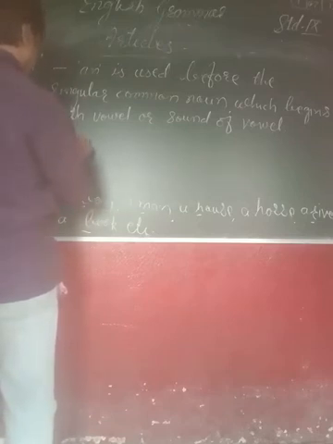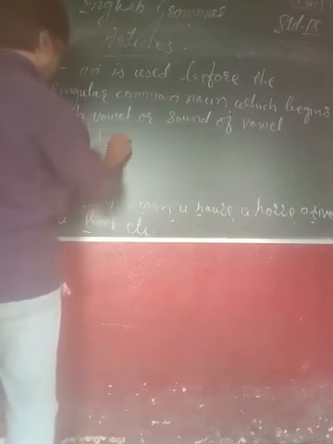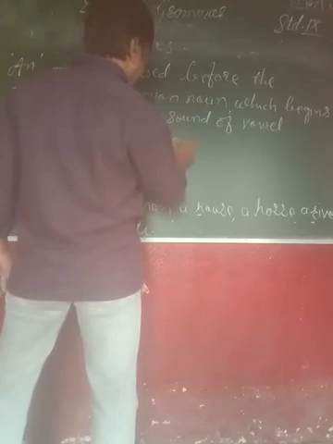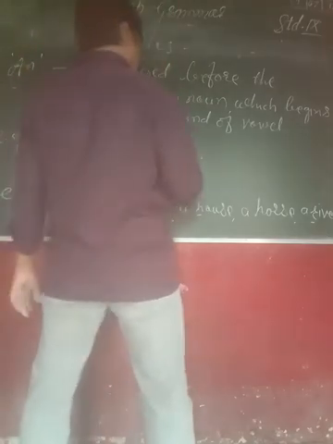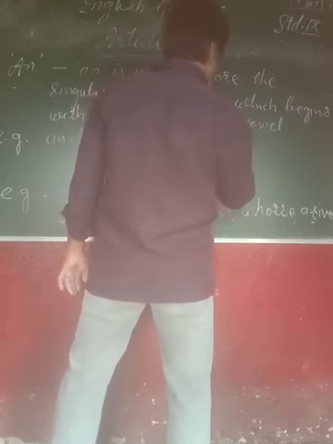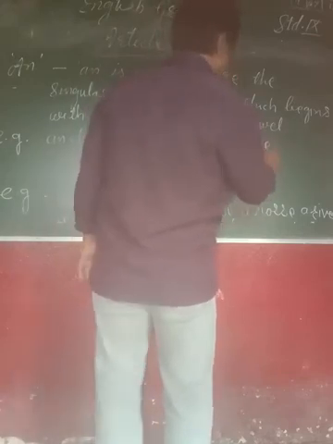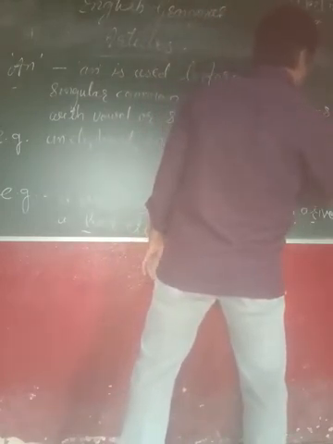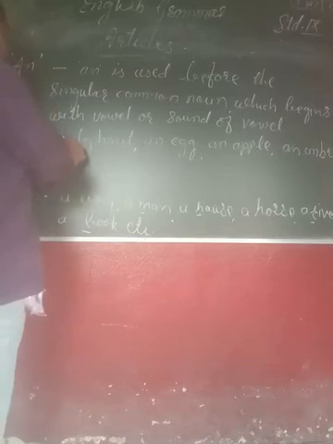Some examples I am going to give you: an elephant, an egg, an apple, an umbrella, etc. In all these examples we notice clearly that all these words begin with a vowel.